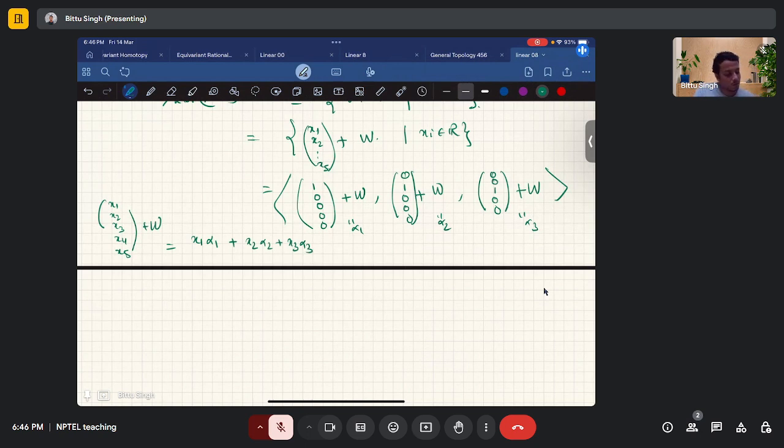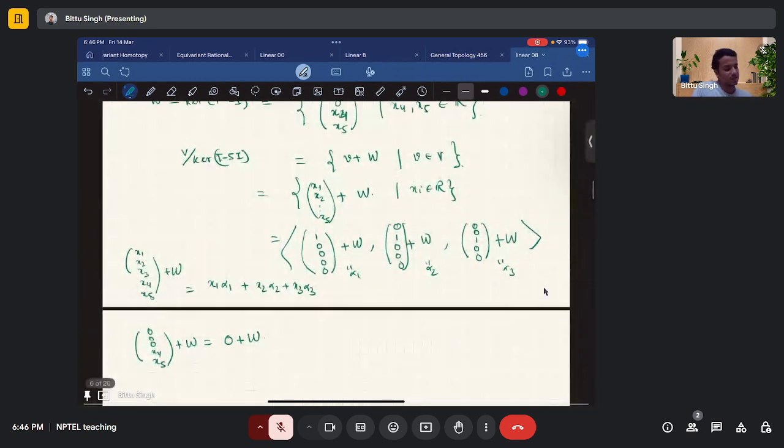And now you can ask me, what about those x4, x5? Those will be inside this W. Though those two look different, elements like 0 0 0 x4 x5 are actually 0 in the quotient space.